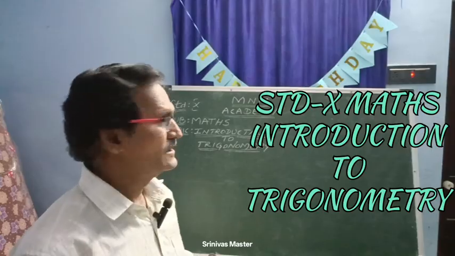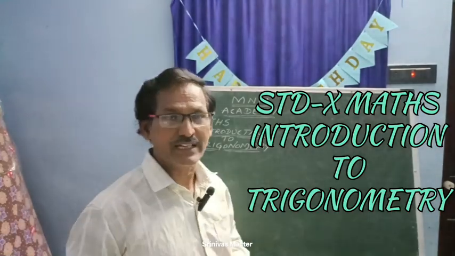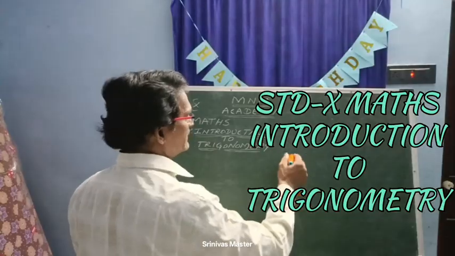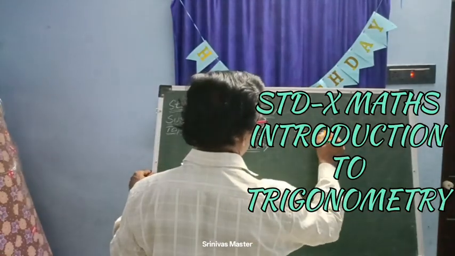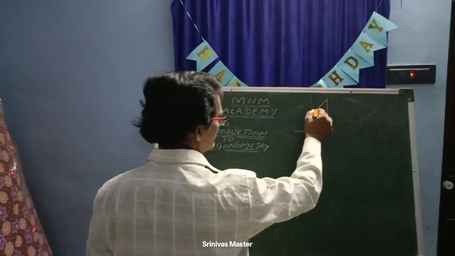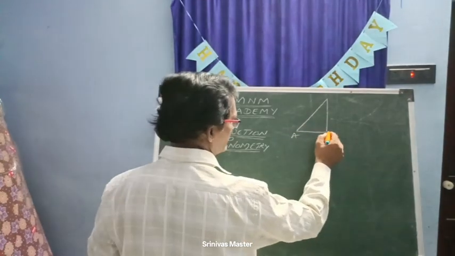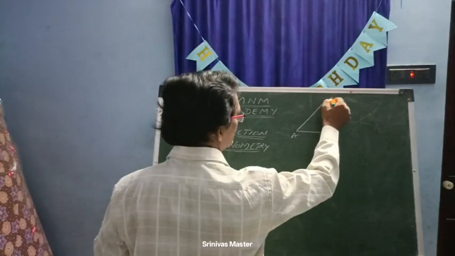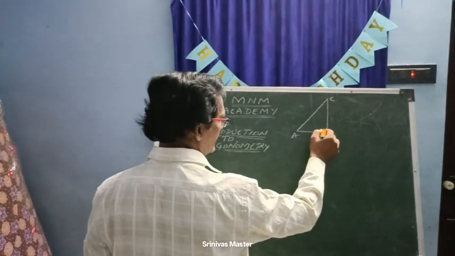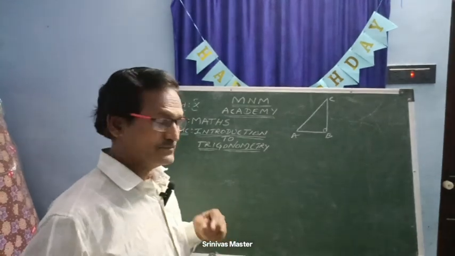According to trigonometry, the whole of trigonometry is totally based on the right angle triangle. First, draw the right angle triangle in any manner. See children, A, B, C, right angle at B. So ABC is a right angled triangle.